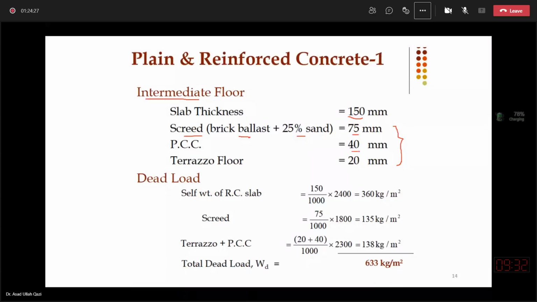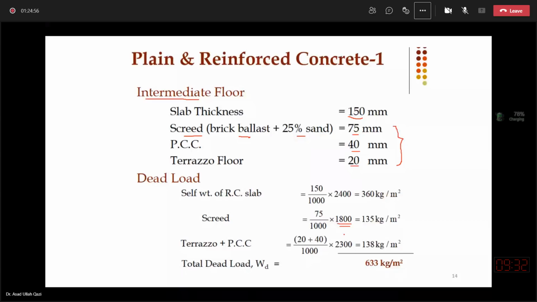And for this entire composite of screed, PCC, and terrazzo, we need to decide the corresponding densities. For screed, which is relatively of less density, the proposed density is 1800 kg per meter square.